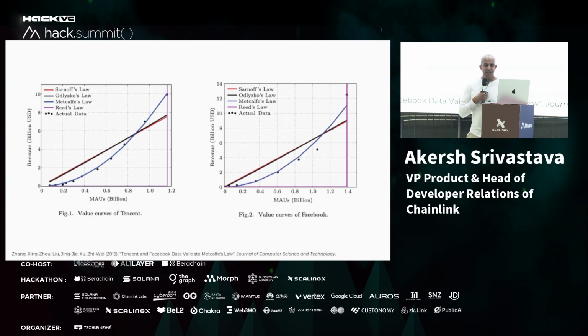If we analyze the data from two giants in our technology world, Tencent and Facebook, a couple of researchers got together to see if there was this correlation, if it could be validated. And what they found was amazing. There was a powerful validation of Metcalfe's law. They found that the value of Tencent and Facebook's network indeed grew exponentially with the number of users.